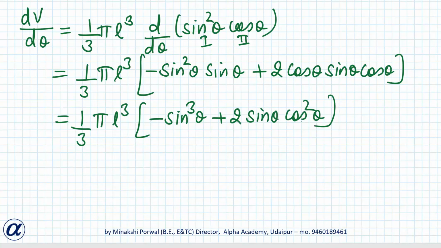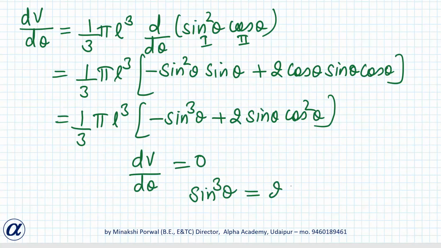Now for the second derivative, d square V by d theta square, we'll find. First of all, we'll put dV by d theta equals 0 to find the critical point. So it will be sine cube theta equals 2 sine theta cos square theta.